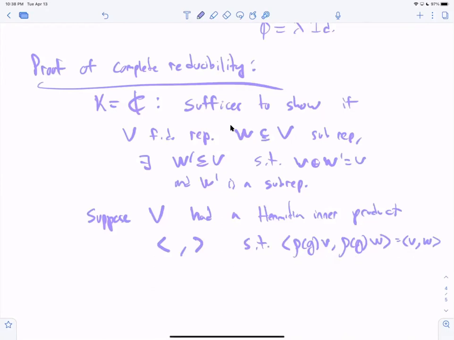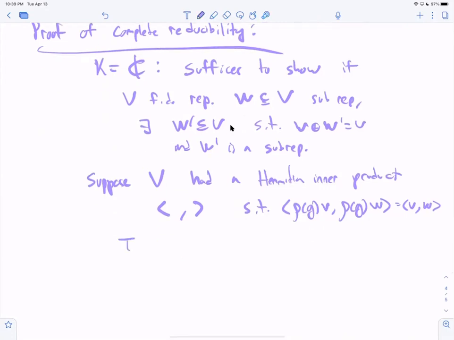Another way to say this is the action of G is unitary. So the action of G factors through the unitary group, which is the group preserving this Hermitian inner product. But this is just saying that the representation preserves this inner product.